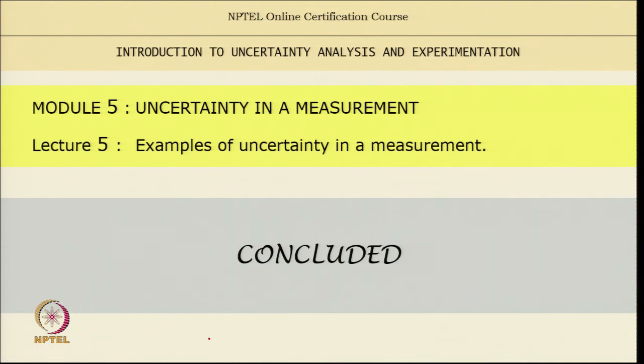Those were some examples of how to go about doing uncertainty in a measurement. Many of the terms that we had looked at in the lectures now came alive when we looked at practical examples. All of this gives us in the end the uncertainty in the measurement, whether it is the pre-test stage or the post-test stage.